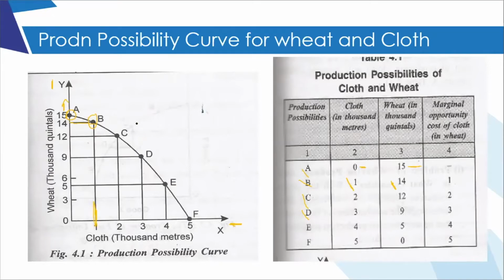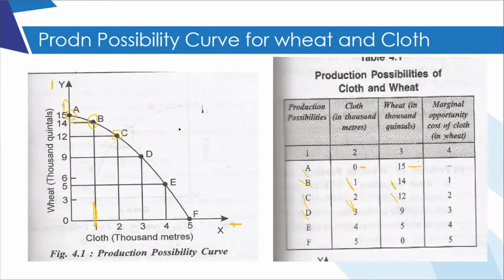Yes, ma'am. Let's see C. At C, your cloth production has increased now to 2, and your wheat production has come down to 12. So you can see it here, wheat is 12 and cloth is 2. Now you get your C point.